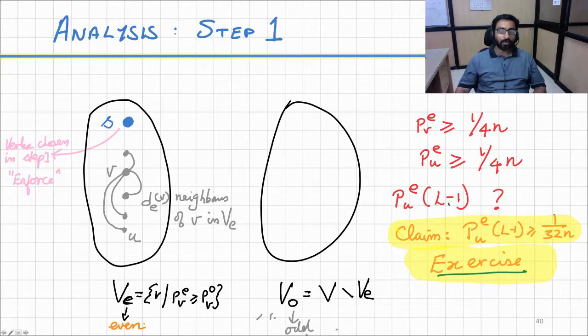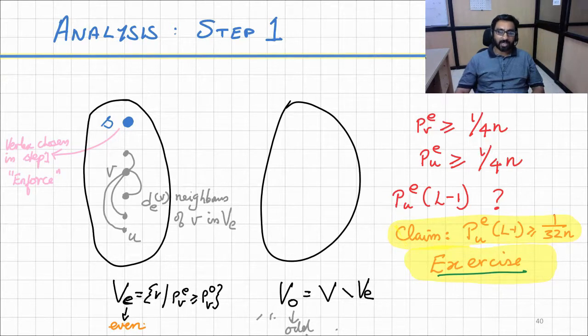So the probability of having the same walk structure but achieving that in L-1 random walk steps, you can achieve by just skipping one of the self loops, if you will. Exploiting that, we want to get a bound on this probability, and we want to be able to say that it's at least 1 over 32n. So this is your exercise. And now let's proceed with this bound.